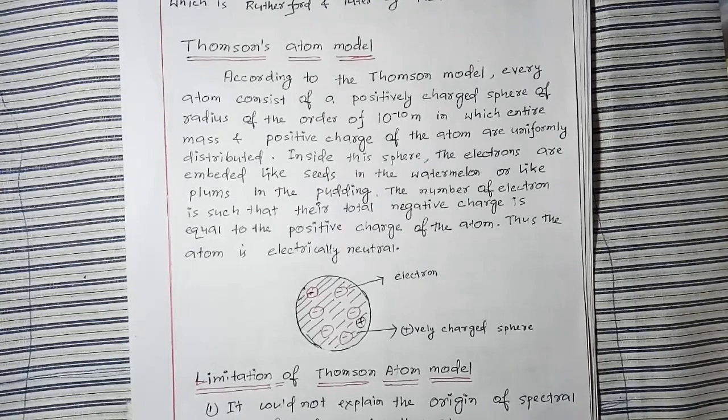And we know that the magnitude of the charge of an electron and the proton are equal, and that is why, since the total positive charge is equal to the total negative charge, the atom is electrically neutral.